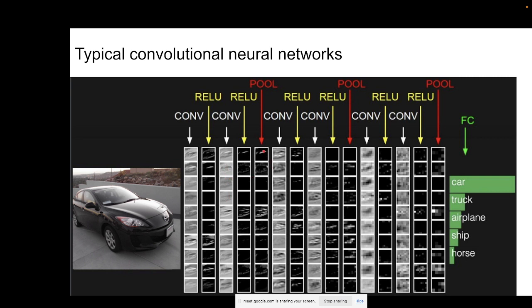Pooling is meant for downsampling, so pooling has further reduced it, but maybe not enough to vectorize it. So you repeat these layers multiple times until you have a pooled layer with a dimension which can be vectorized comfortably, and you can add a fully connected layer on top of it, and then you can make your prediction.